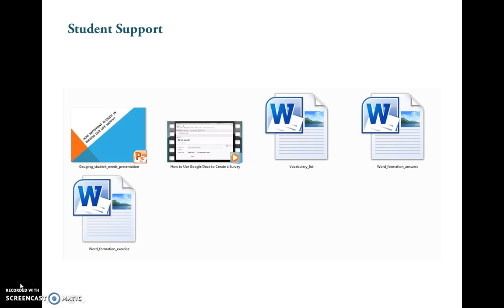Also, there is one word formation exercise to help reinforce the students' understanding of how to form nouns from verbs and also verbs from nouns. There is also one clip showing the students how to use Google Docs to create a survey.